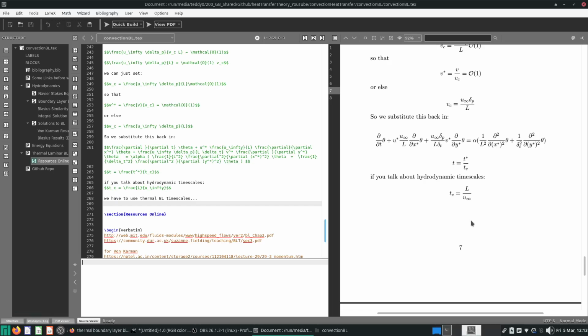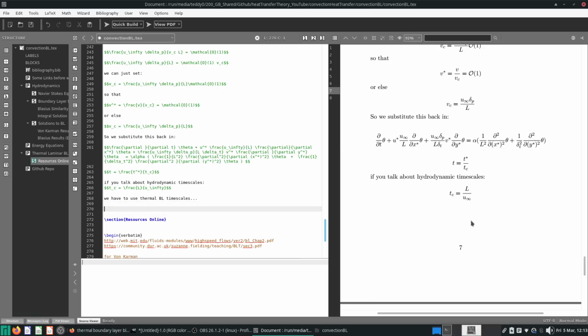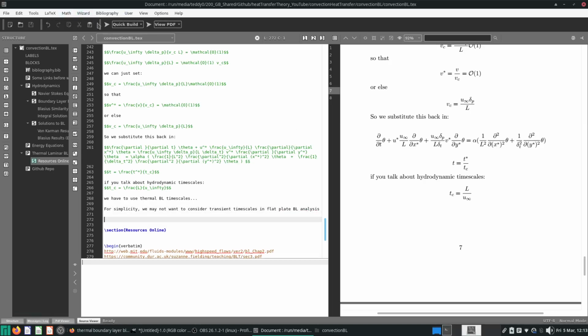But if you don't want to think about this headache, for simplicity, we may not want to consider transient timescales in flat plate boundary layer analysis. So we make life easier for ourselves.